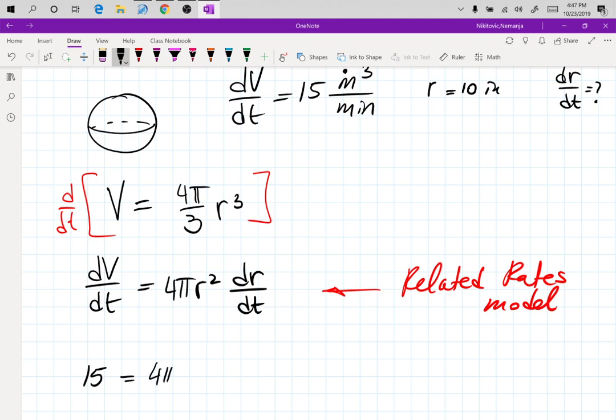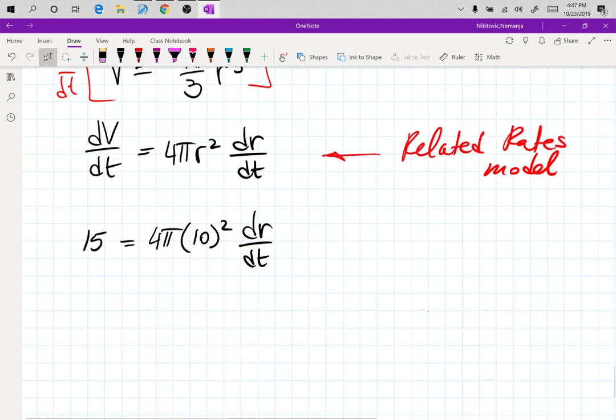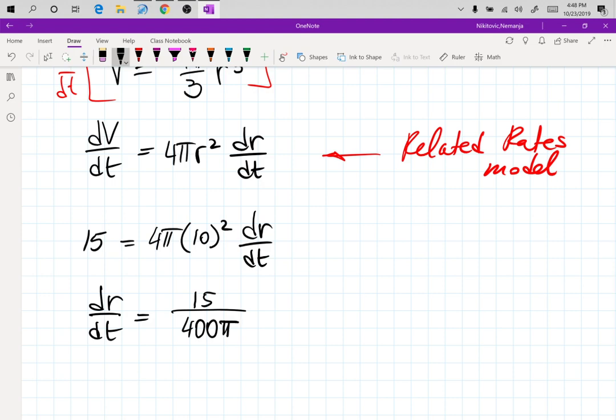Then I have 4 pi, radius is 10 squared, and I'm looking for dr dt, which stays as a variable. So now dr dt is equal to 15 divided by 400 pi, 15 divided by 400 pi, and you can just say inches per minute.